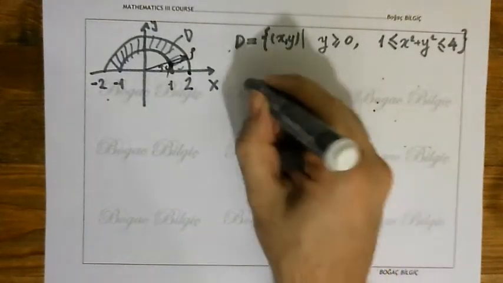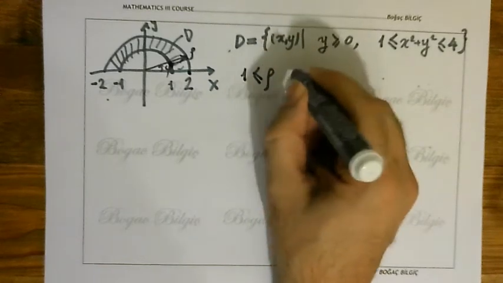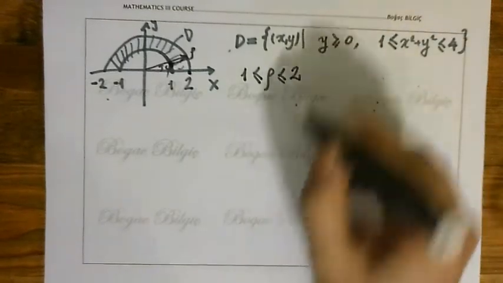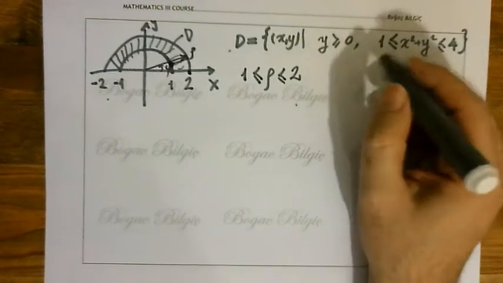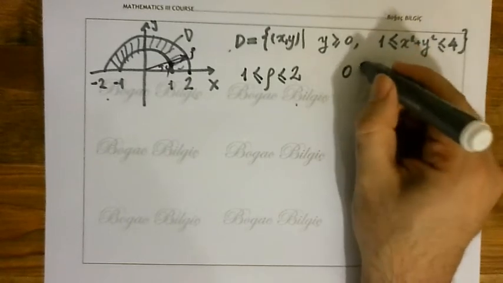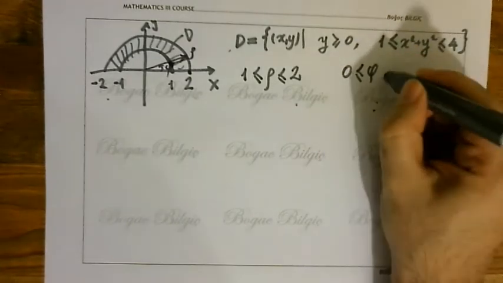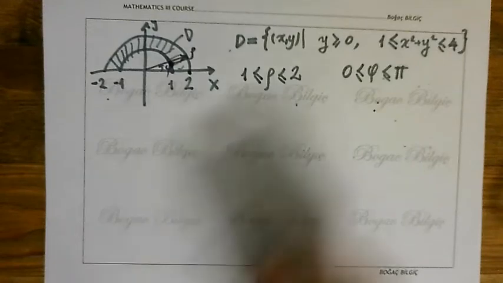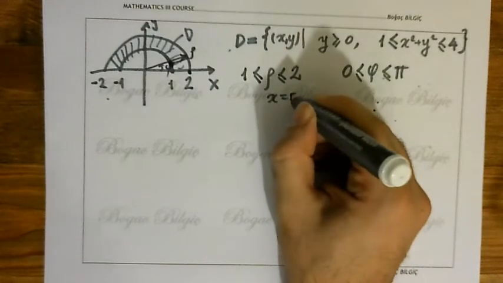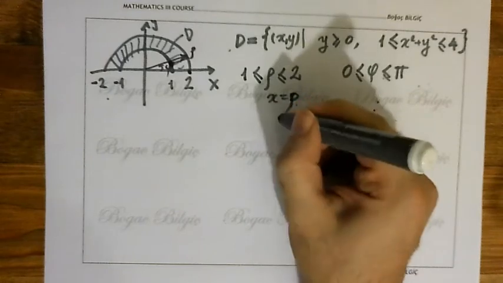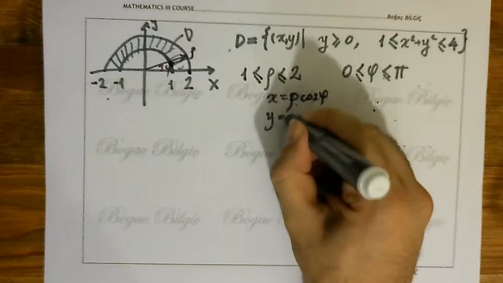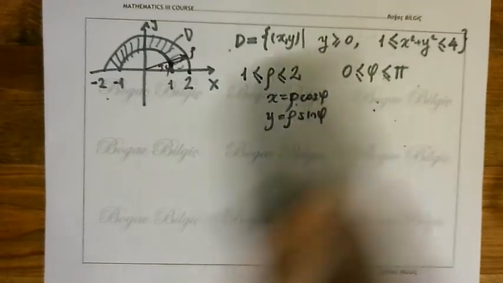In polar coordinates, rho is from 1 to 2 and phi is from 0 to pi. Therefore, the polar coordinates are x is rho cos phi, y is rho sin phi.